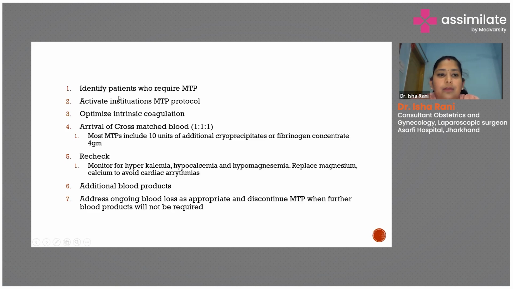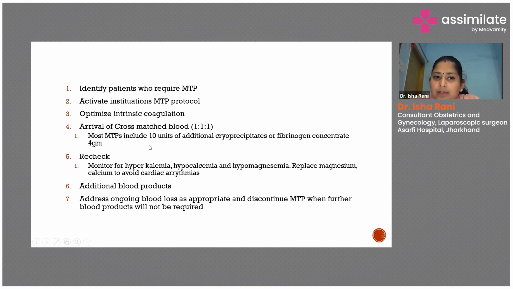So in cases of DIC, we might have to activate the massive transfusion protocol. There has to be a system in place in the institution. The blood bank should be prepared with the MTP kits. As soon as the MTP protocol is activated, they will send the first kit, which includes one PRBC, one FFP, and one platelets.